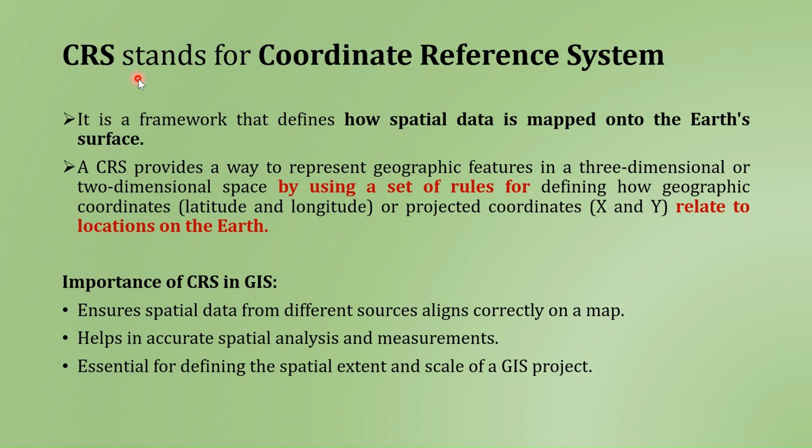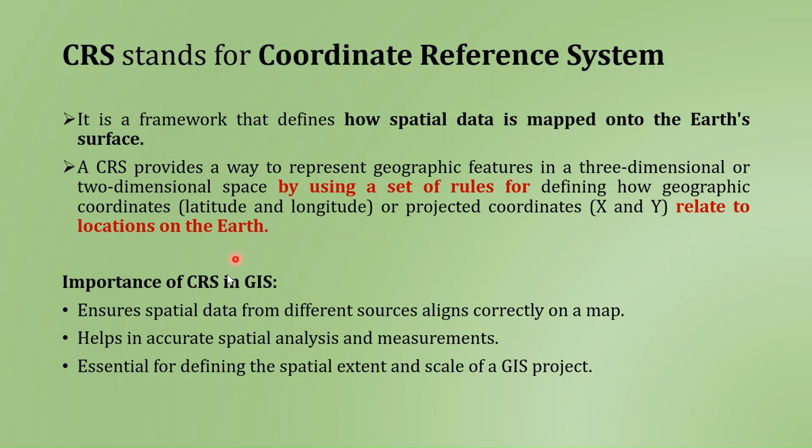So this CRS stands for Coordinate Reference System, and it is a framework that defines how spatial data is mapped onto the Earth's surface. The coordinate reference system provides a way to represent the geographic features in either three-dimensional or two-dimensional space by using a set of rules, or we can say mathematical calculations, for defining how the geographic coordinates in terms of latitude and longitude or projected coordinates, which are x and y, relate to the locations on the earth.